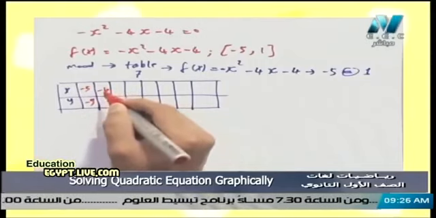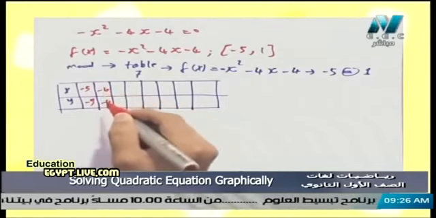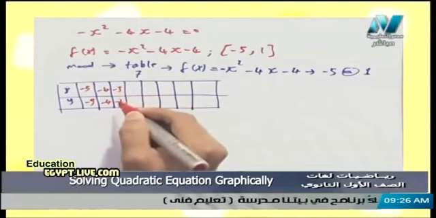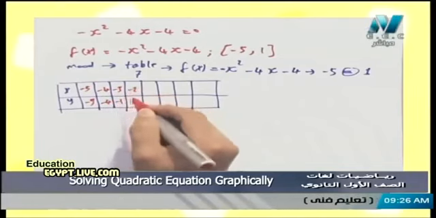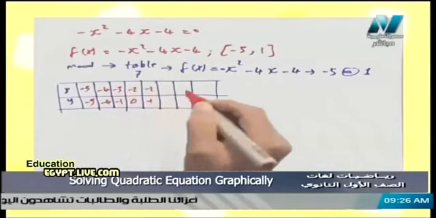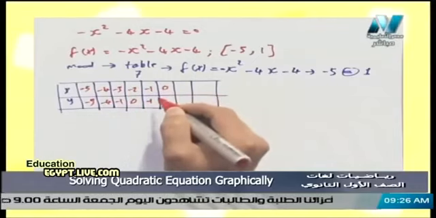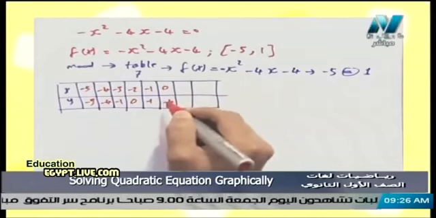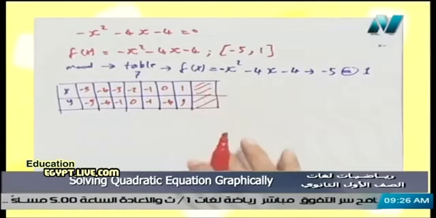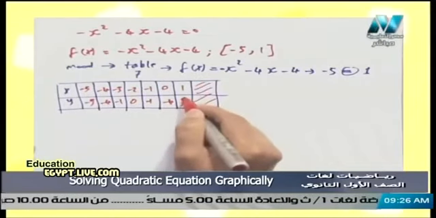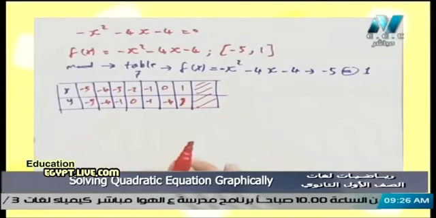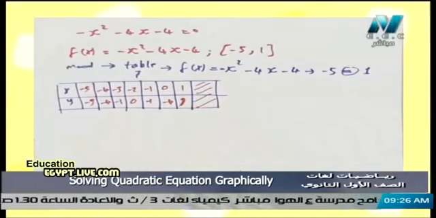Negative 4 will give negative 4. Negative 3 will give negative 1. Negative 2 will give 0. Negative 1 will give negative 1. 0 will give negative 4. And finally 1 will give negative 9. Okay, we have now completed the table. It remains to draw the graph.